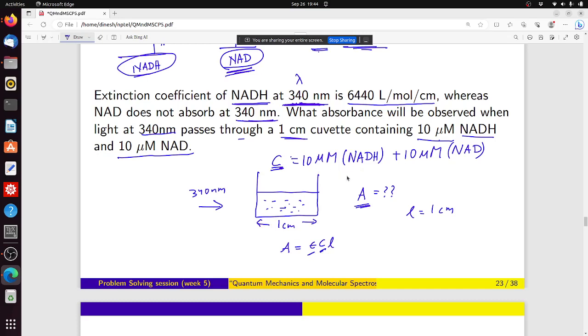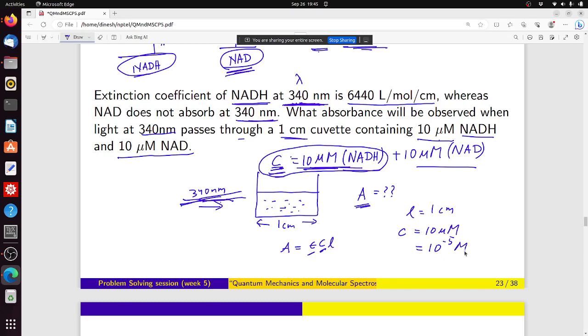So we have two kinds of solution. One is NADH which absorbs this light, and one is NAD solution which does not absorb this light. So in that case, what will be the effective concentration? The effective concentration will be only this one, 10 micromolar or 10 to the power minus 5 molar.